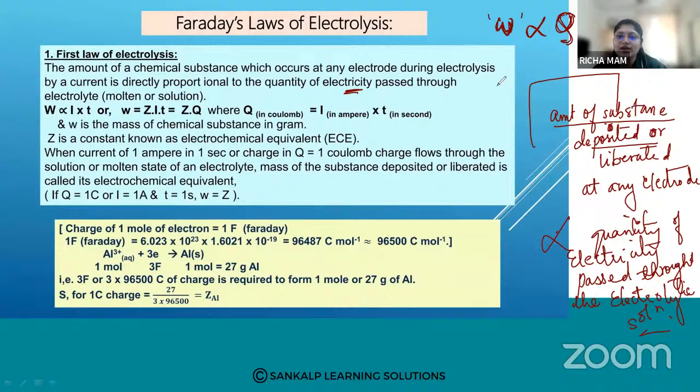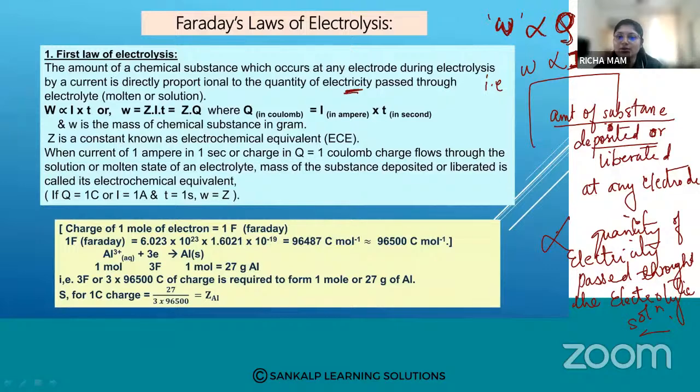So W is directly proportional to I into T, how much current for how many seconds.